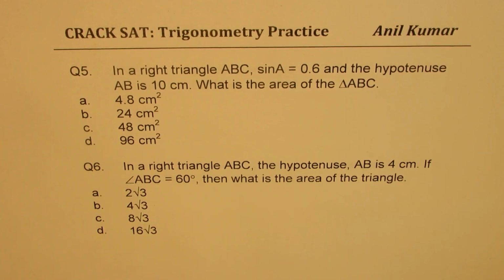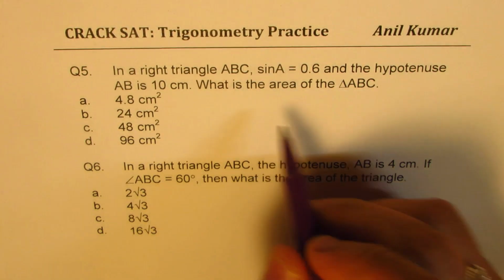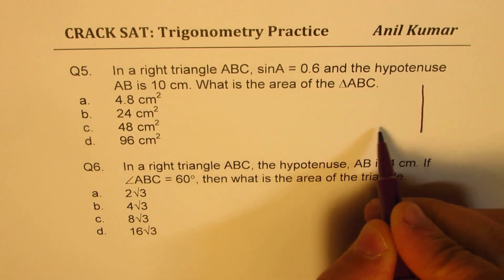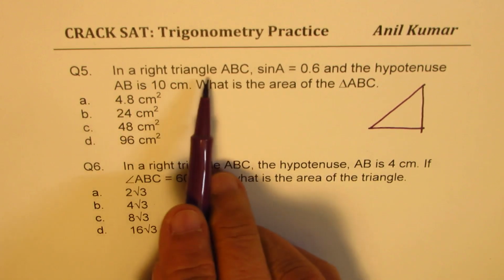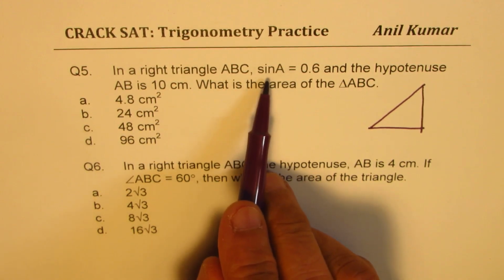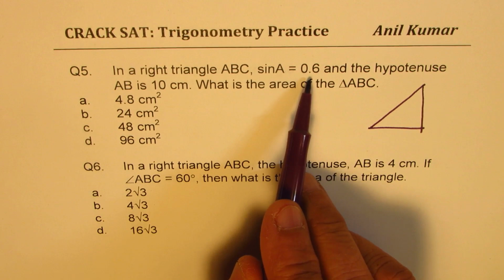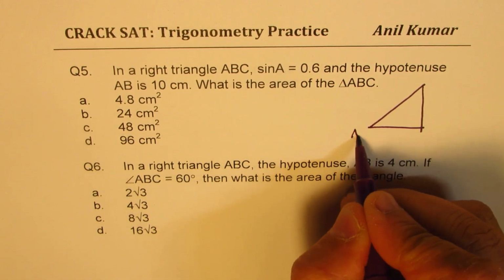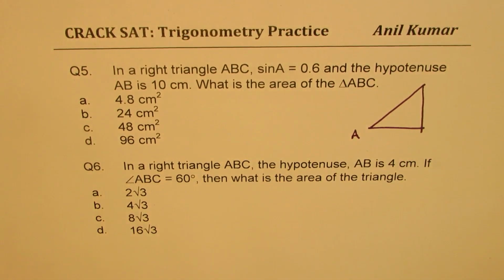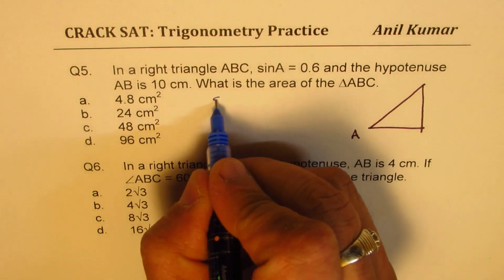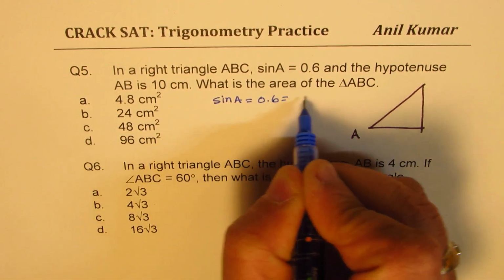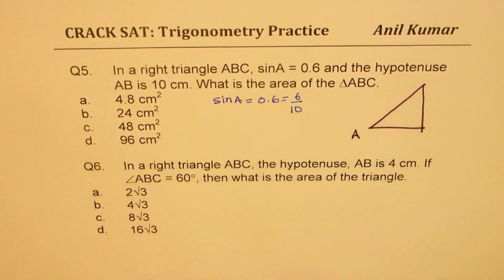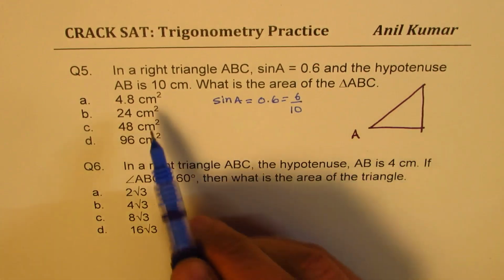Question number 5. In a right triangle ABC, let's sketch one, right? So as we read, let's sketch and answer. In triangle ABC, sine A is 0.6. Let's say this is our angle A. Think of it like this: 6 over 10, and the hypotenuse is 10.